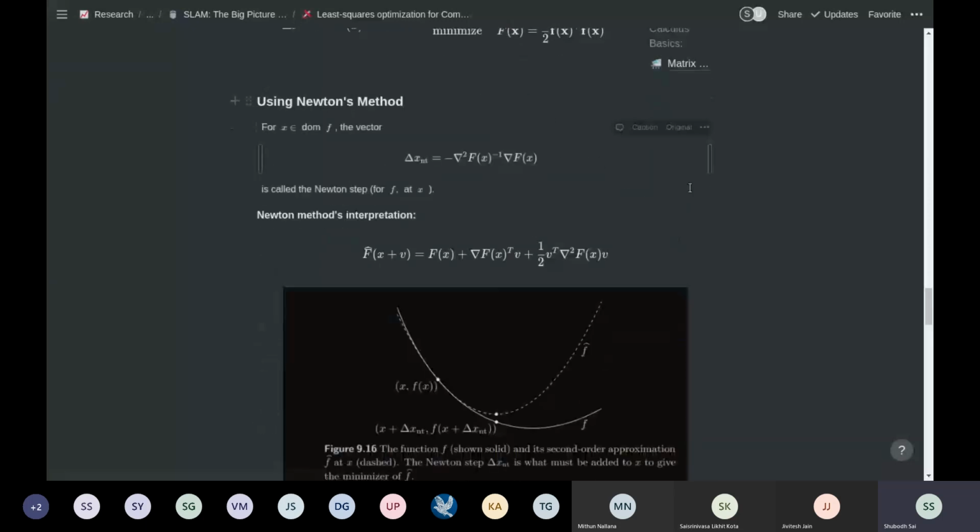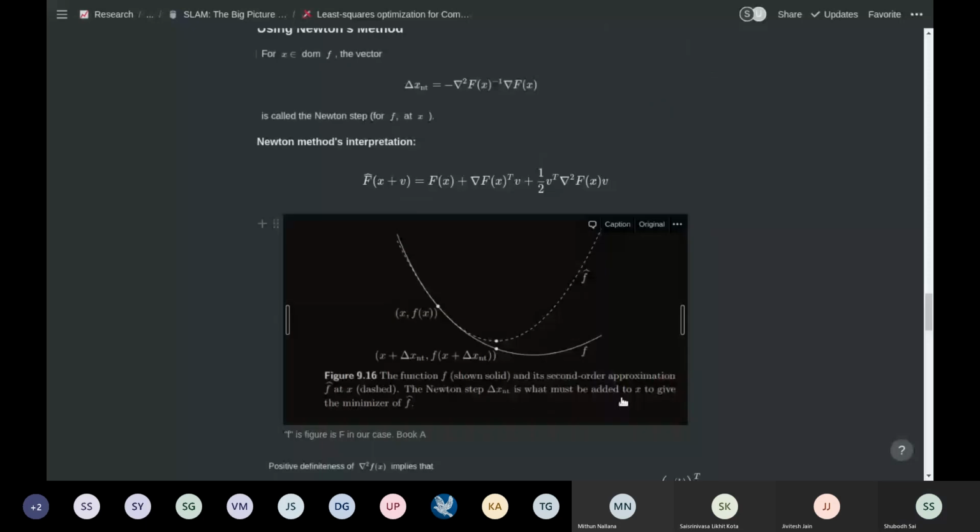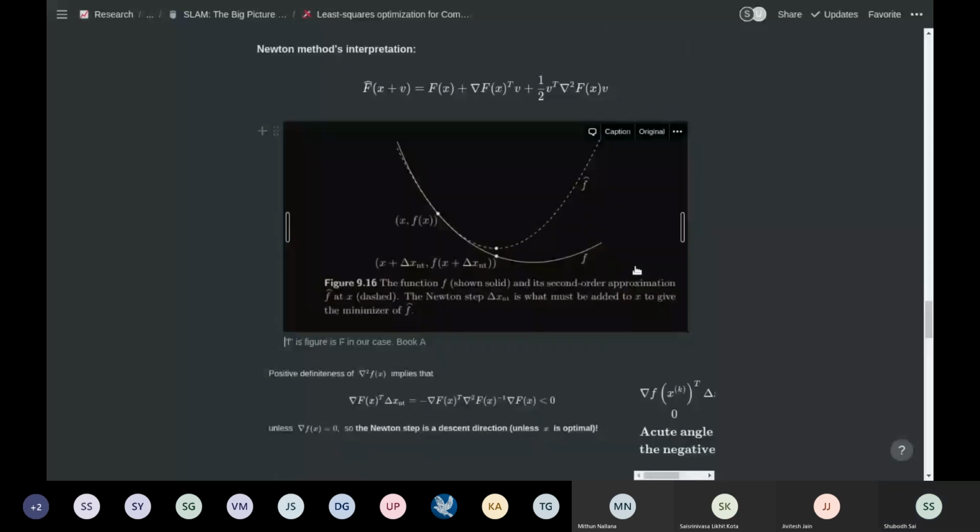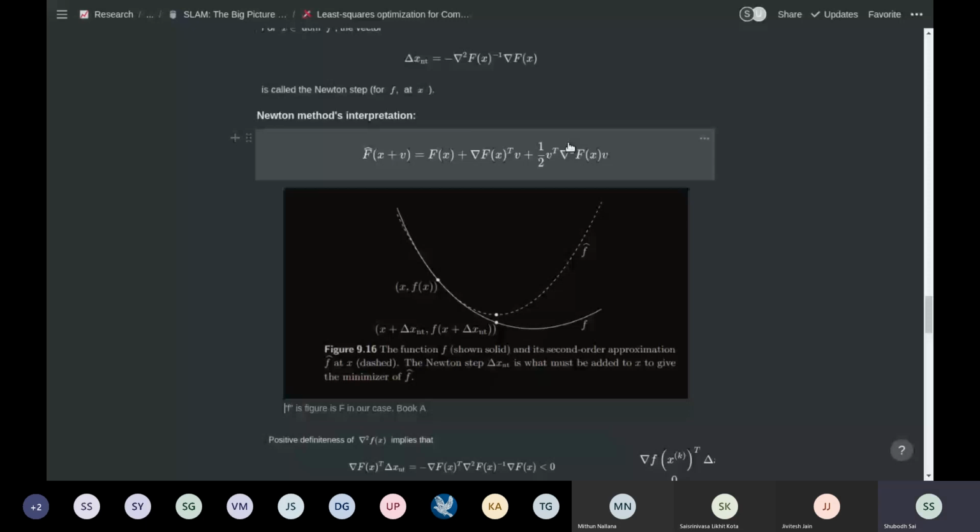I have embedded a PDF there. Over here you will end up with gradient square f of x into 2 into v. The 2 will get cancelled by the 1 by 2, so we'll end up with Hessian into v. This is the second order approximation. So this is Hessian, not gradient square. This is Hessian.